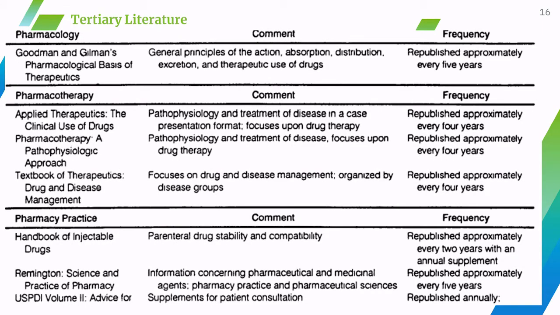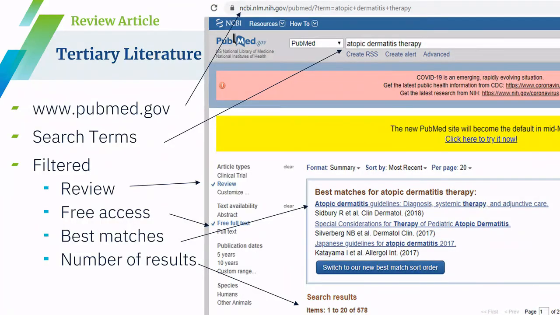The next example of tertiary literature is review articles. One free database for searching research articles is Medline. Now in our example of atopic dermatitis, we are looking for therapy of this disease. Note that I have used search terms for atopic dermatitis therapy and I have got 578 results after filtering the results for review articles and freely available articles.